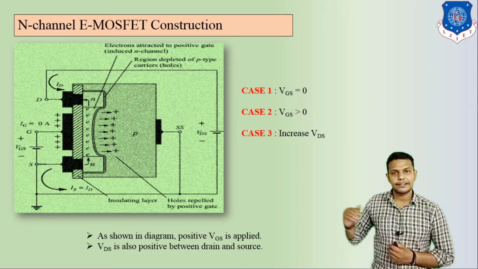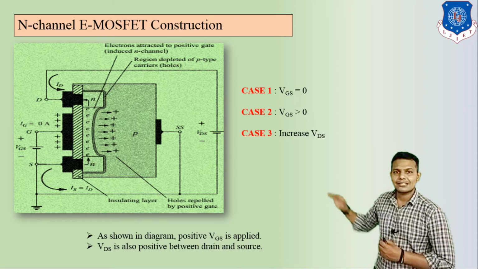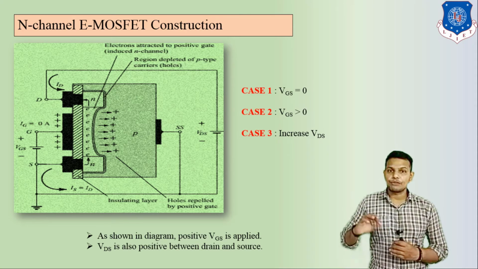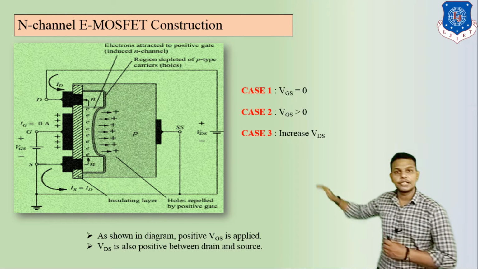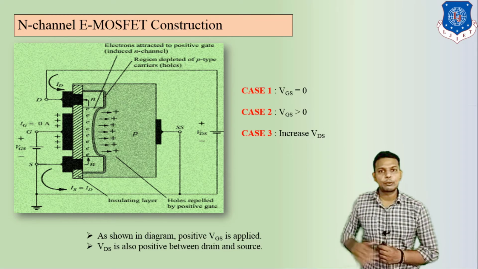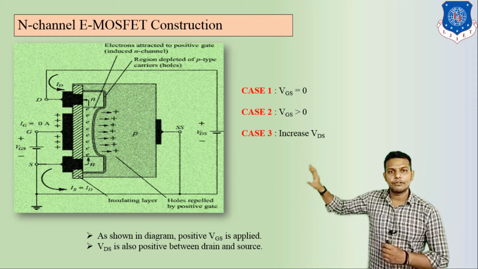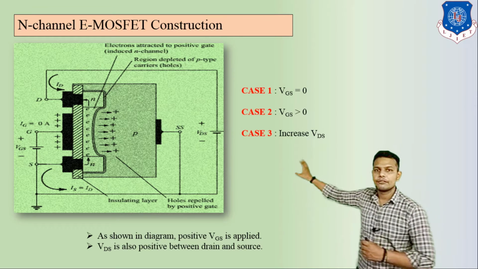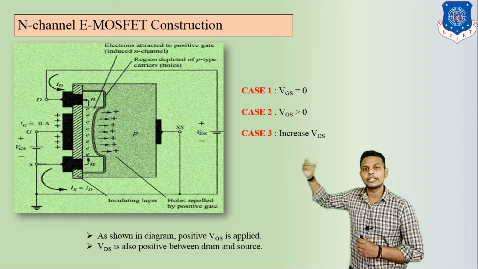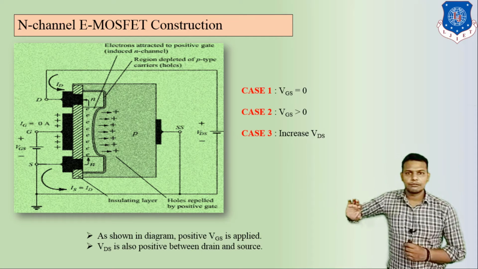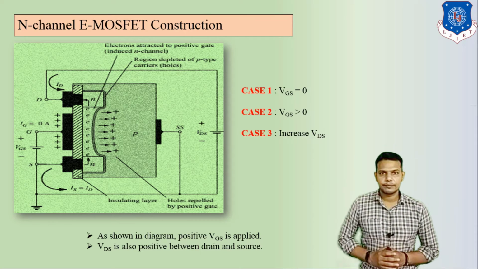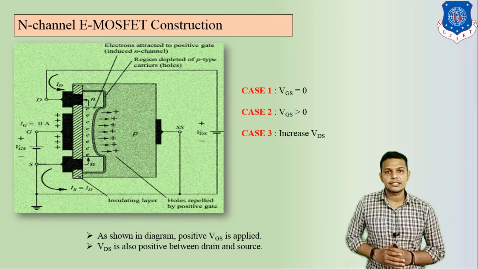Then the last case is to increase VDS with constant VGS. So we keep VGS constant and focus only on the VDS terminal. So these are the three different cases.